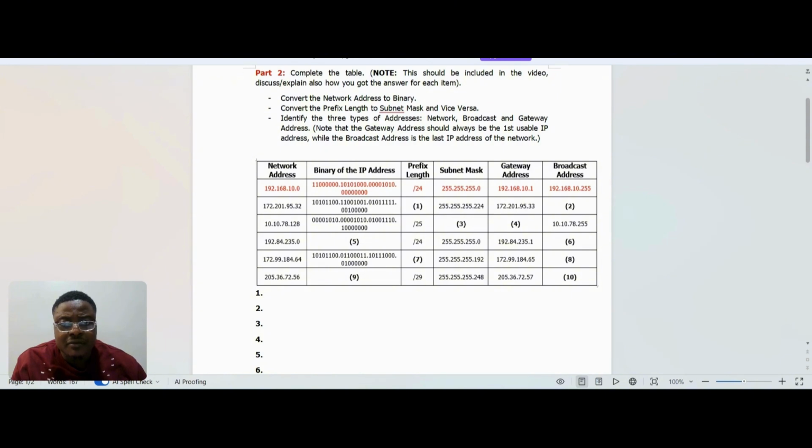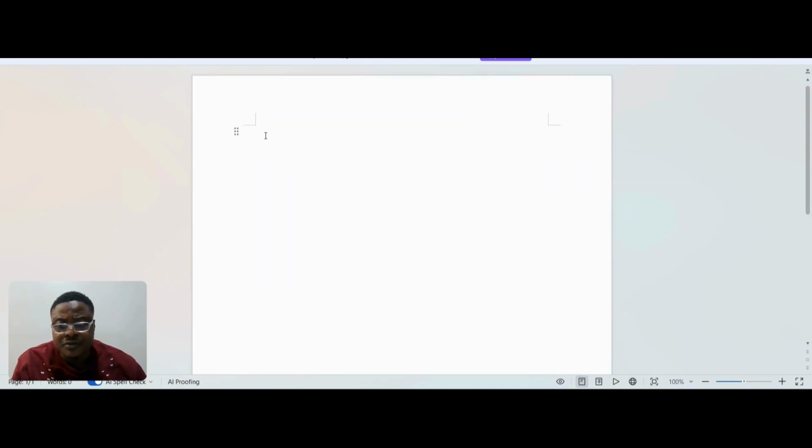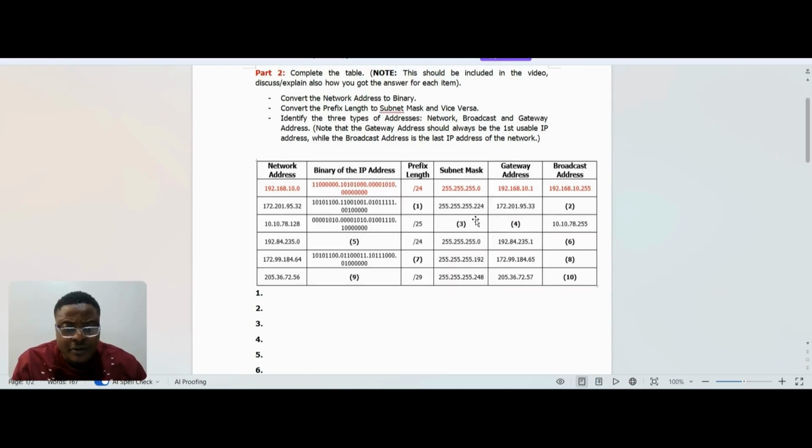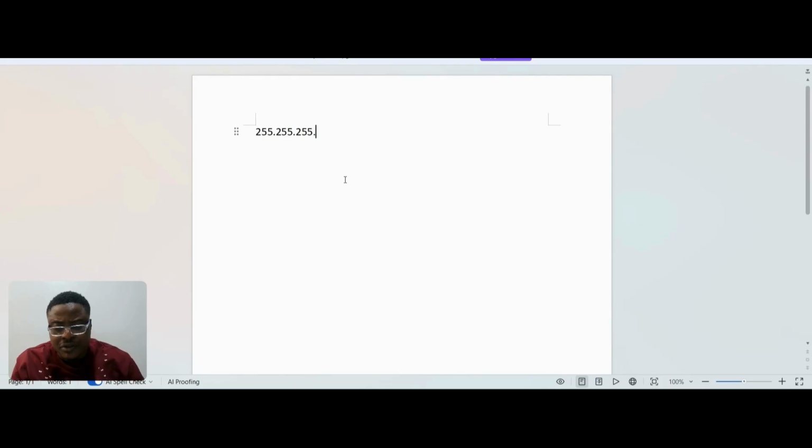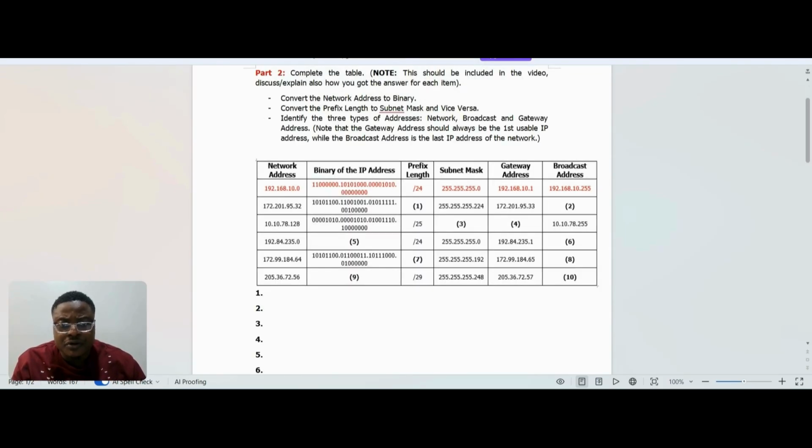So right now we have 255.255.255.224, that is the subnet.